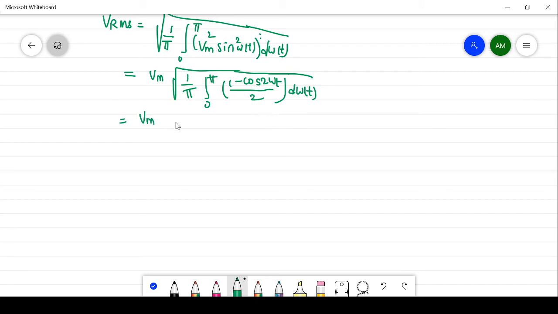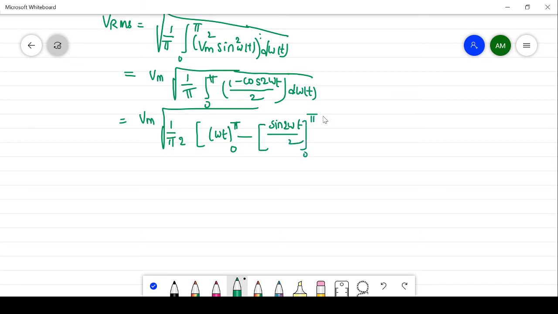Vm and root of 1 by pi. So integral 2 is also constant here. So integral 1 is omega t, from 0 to pi, minus integral cos 2 omega t, that is sine 2 omega t by 2, from 0 to pi.